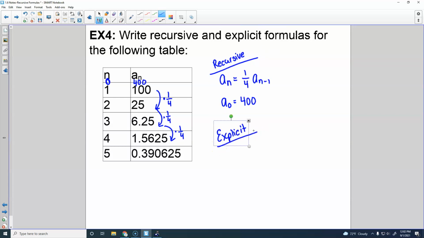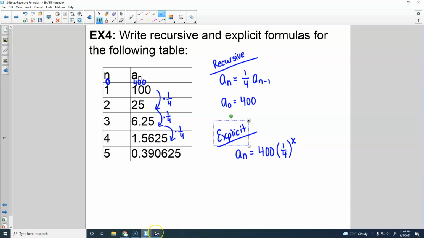Okay, because of time, I'm not going to have you guess on this. If I want the explicit, whenever you have something that's multiplying by something each time, it's going to be an exponential function. So your a sub 0 is your initial value, right? So this is going to be 400 times 1/4 to the x power.